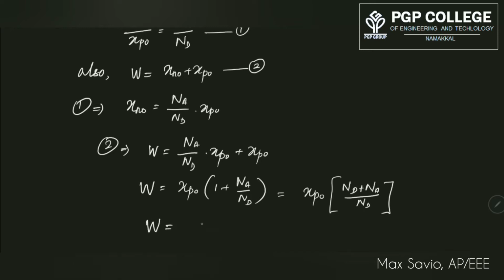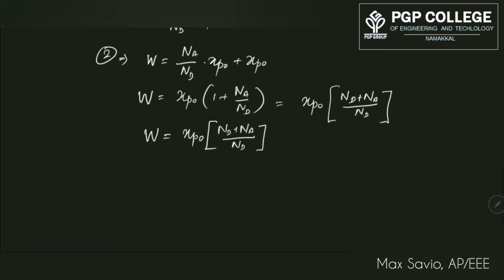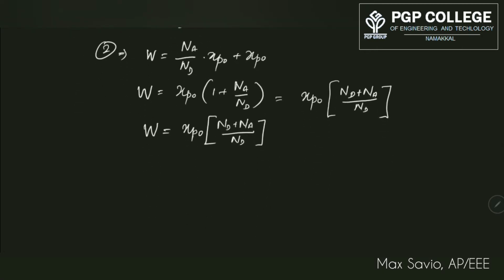So I'll rewrite this equation as W equals x_p0 into N_D plus N_A divided by N_D. So what is x_p0 from this equation? Let me write again: x_p0 can be written as W into N_D divided by N_A plus N_D, right?